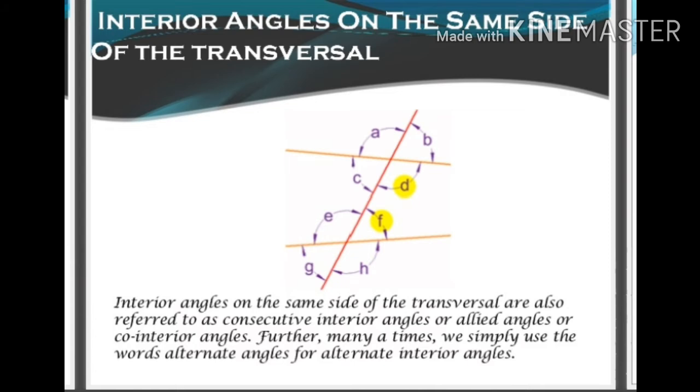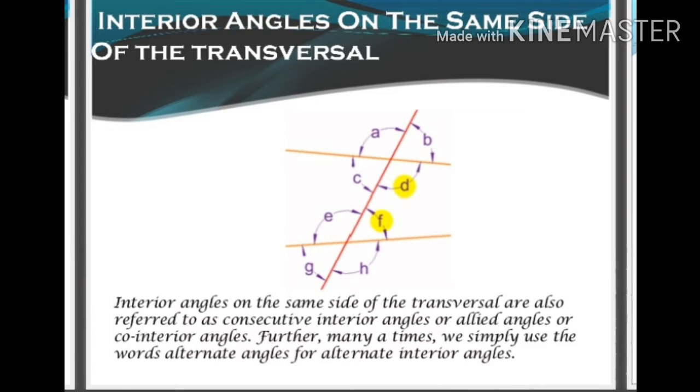It's not necessary that these types of angles be shown only on parallel lines. In non-parallel lines also we can show these angles. Interior angles on the same side of the transversal are also referred to as consecutive interior angles or allied angles or co-interior angles. Remember children, co-interior angles.